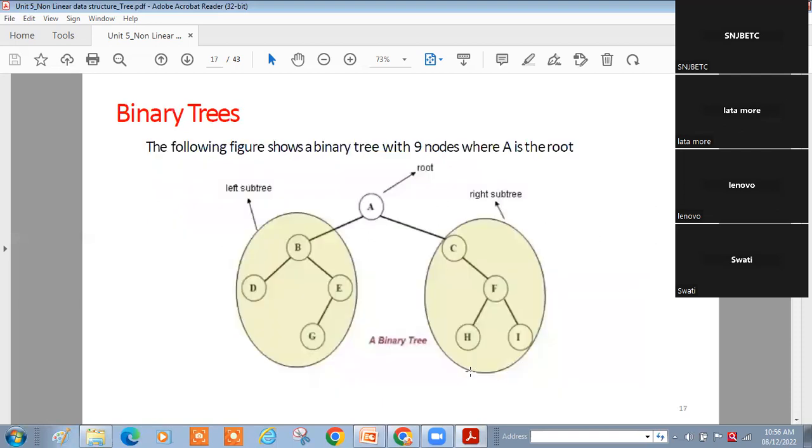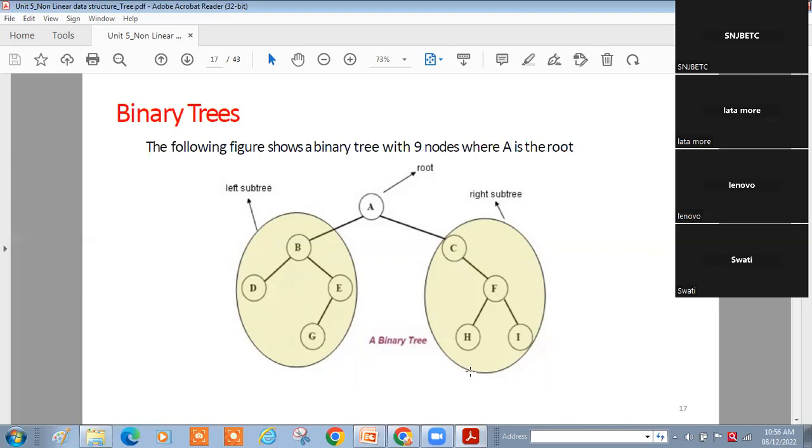Here is one more example of a binary tree. Check all the nodes, whether this is a binary tree. Yes, it is a binary tree, because the root node A has 2 children, B has 2 children, E has only 1, D doesn't have any child, C has only a right node, and F has left and right nodes. So the maximum number of children for any node is 0, 1 or 2.